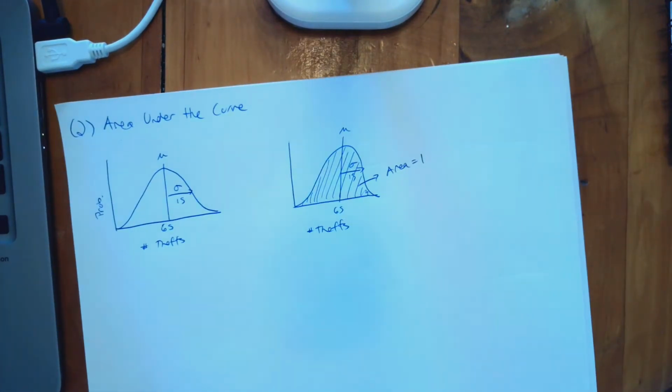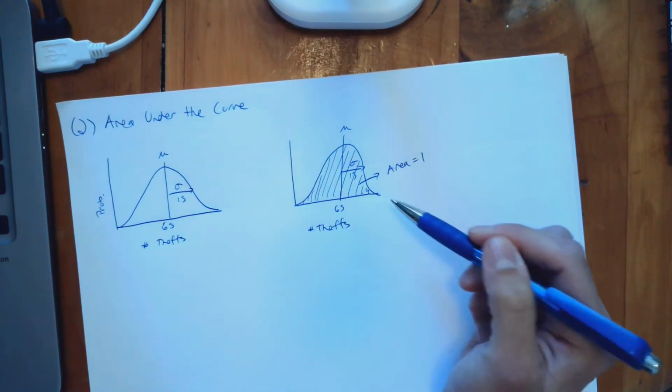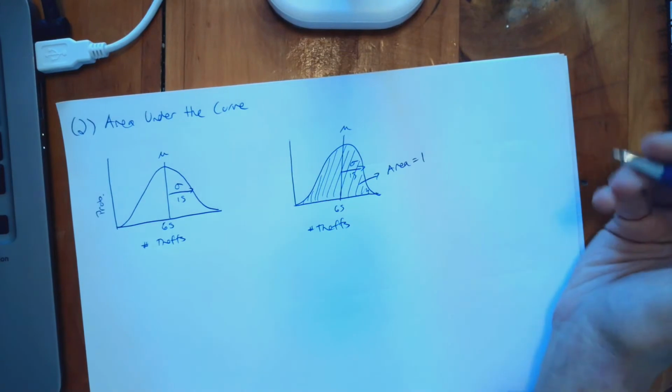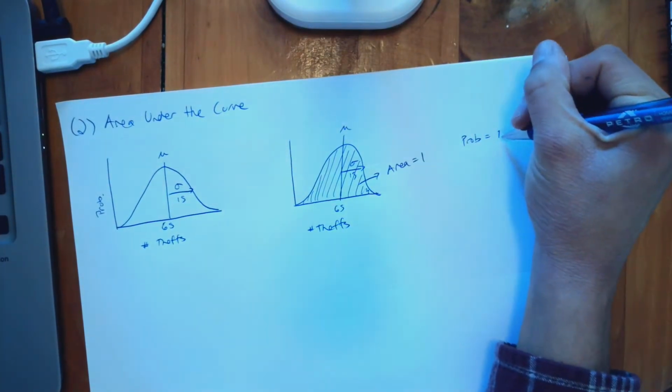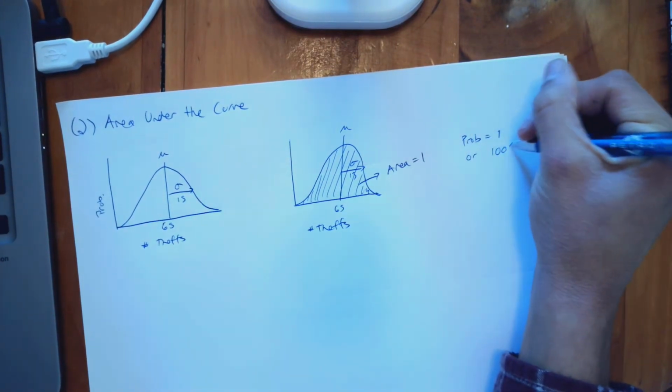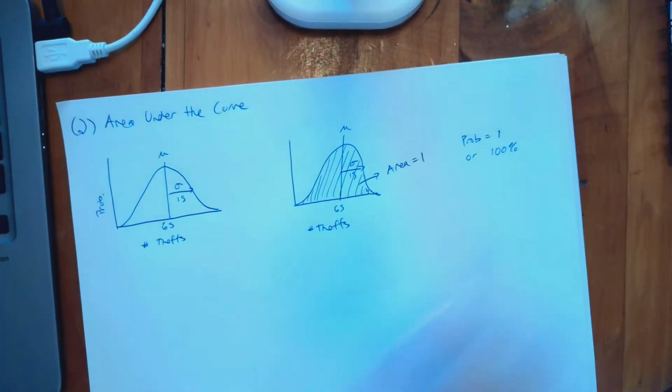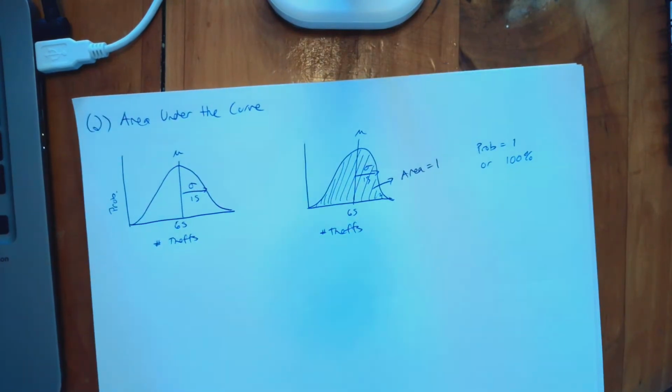Now what I want you to start doing is thinking about the area under the curve as a probability. So if I have everything under the curve shaded, my area equals 1, that means that my probability also equals 1, or 100%. How do you interpret this? Well, there is a 100% chance that some number of items will be stolen.